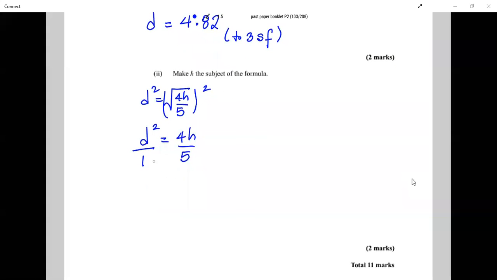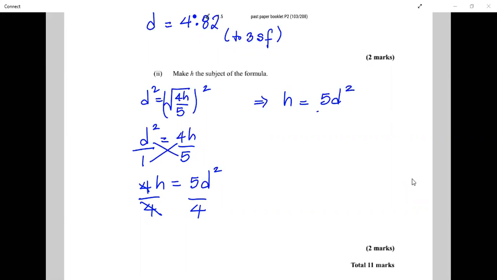So 1 times 4h is 4h is equal to 5 times d squared, which is 5d squared. Next, I'm going to divide both sides by 4. And so I'm going to have h, which is my new subject of the formula, is equal to 5d squared over 4. And of course, that is the end of the question.